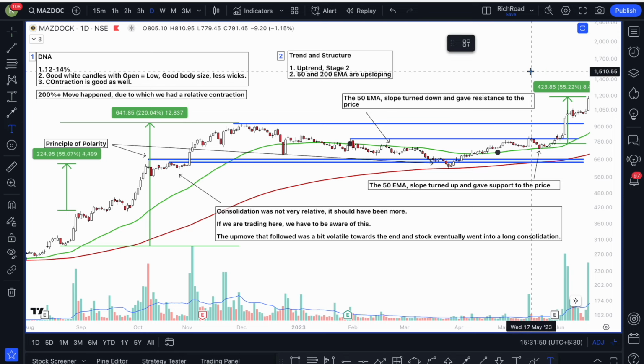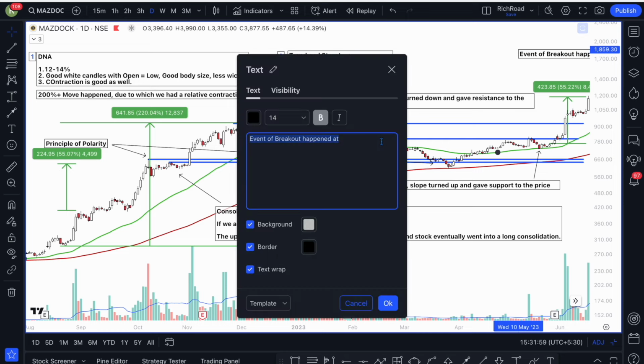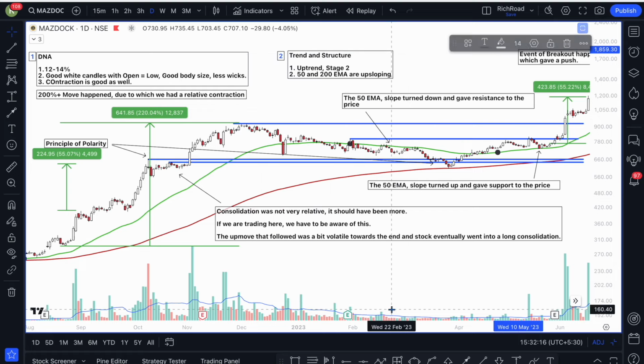So the first thing is, the event of breakout happened at the location of resistance, which gave a push. Oh, you will say, where is the push? That's a question, right? Now the point is, the push will not always be visible to you on the selected time frame.